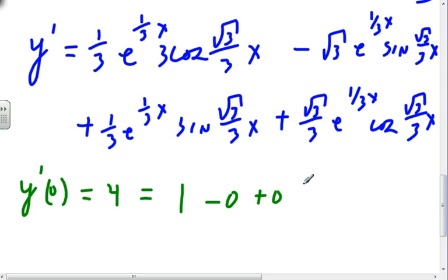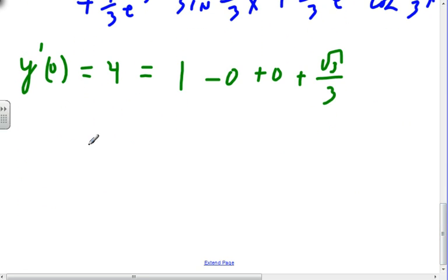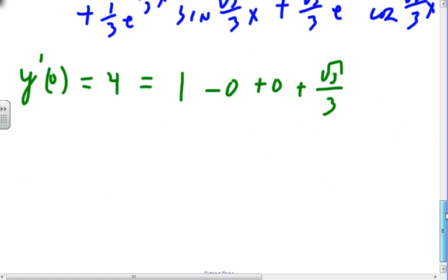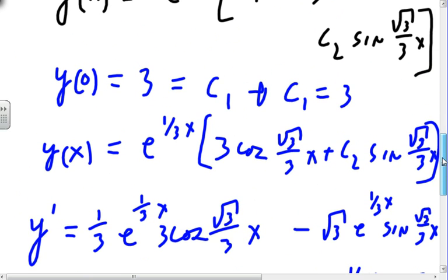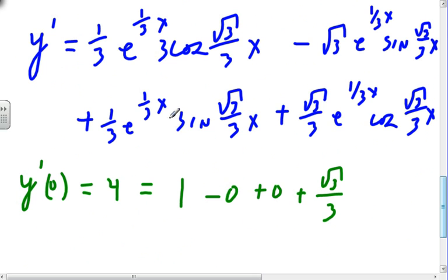In this guy, I've got a plus square root of 3 over 3. So C, where's my C? Okay, here's a C2 I didn't write down. Here's my C2 sitting there.